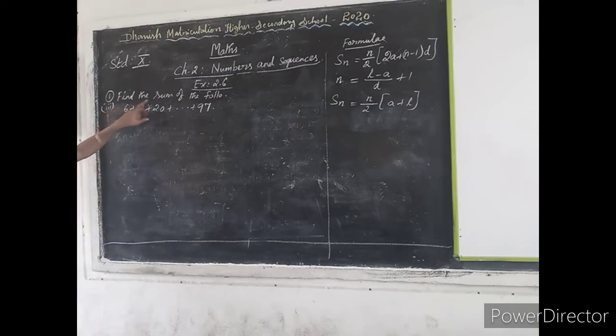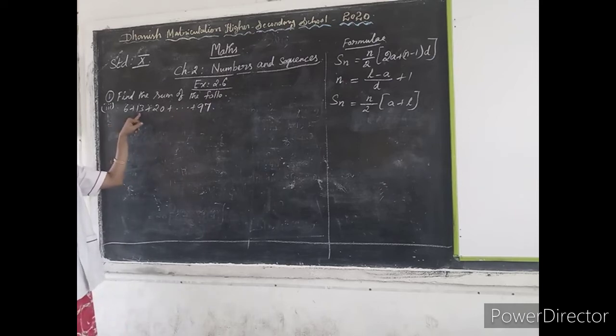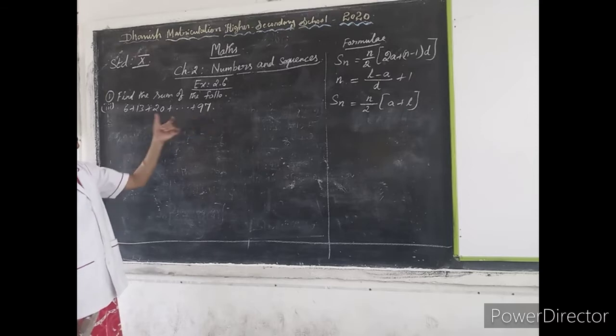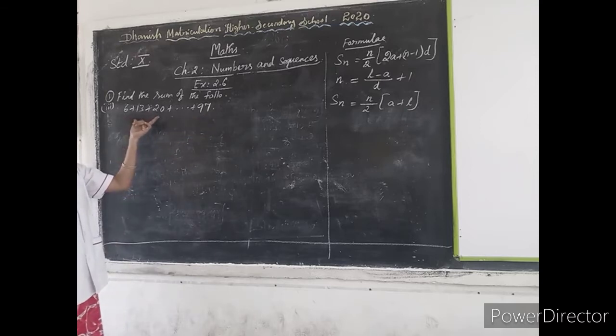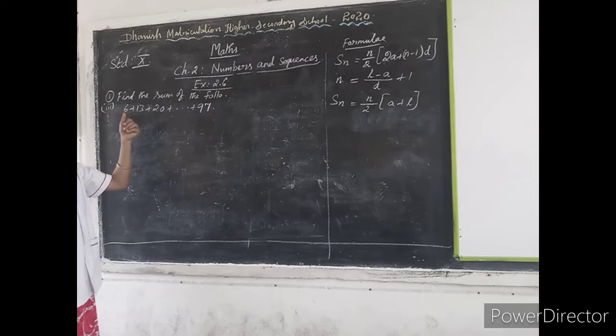Now, from exercise 2.6, first question, third subdivision. The second subdivision is homework. Find the sum of the following: 6 plus 13 plus 20 plus etc. up to plus 97. Here one series is given. Here the first term is given. We don't know whether it is an AP, arithmetic series, or a geometric series. First we have to find what series is given.